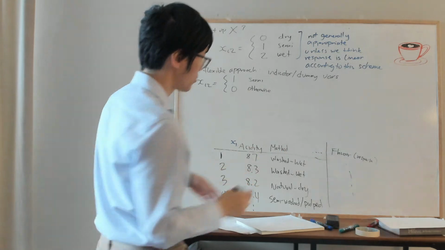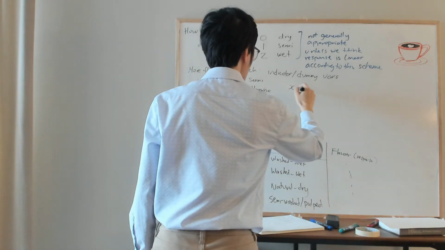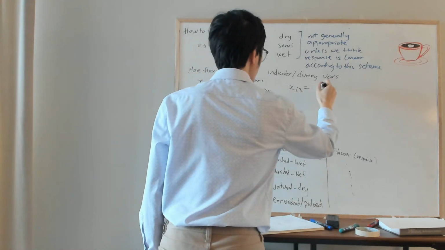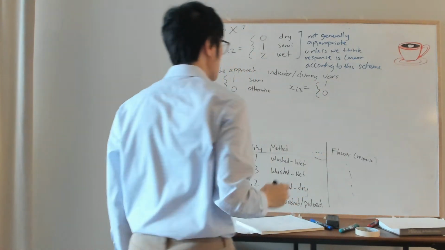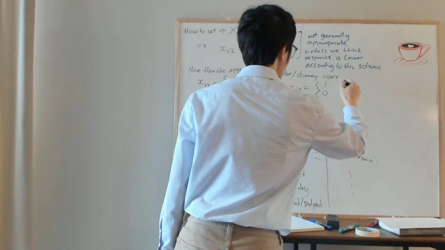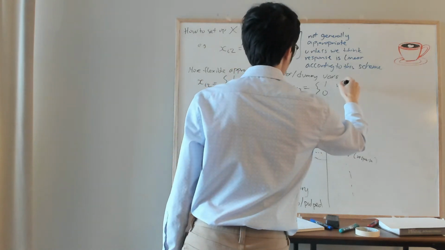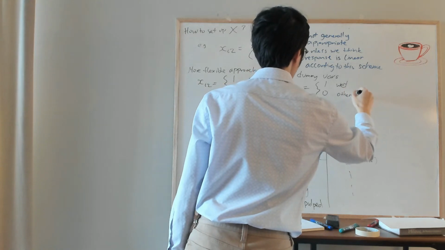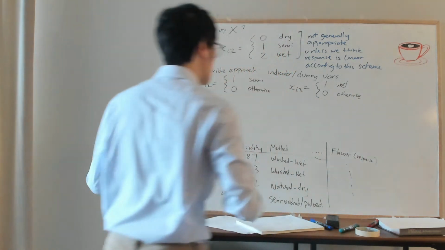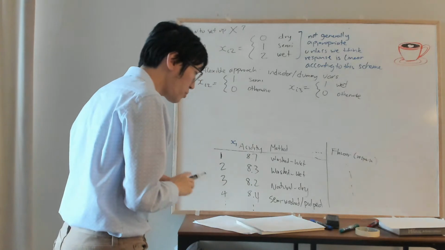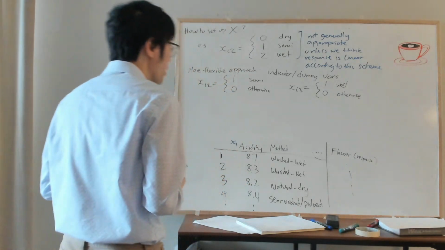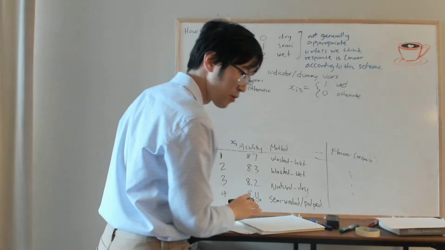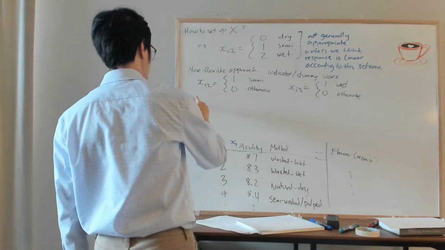And then we can do the same thing and create a new variable x3, which is again 1 or 0: 1 if it's using the wet method, and 0 otherwise.